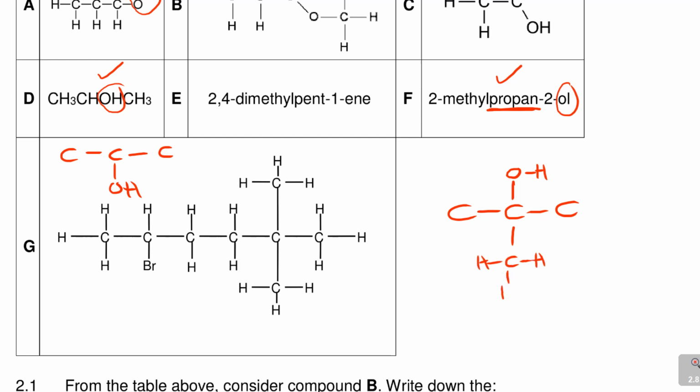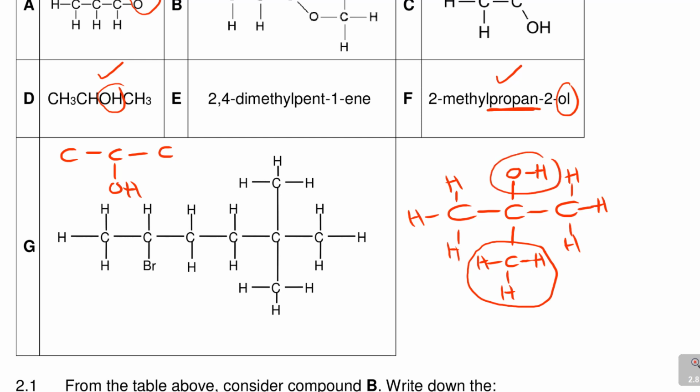Then you fill the rest with hydrogens. Remember, the carbon must have how many bonds? A maximum of 4 bonds, a minimum of 4 bonds. So then you become correct like that. In carbon number 2 there is the methyl, and in carbon number 2 there is the alcohol.